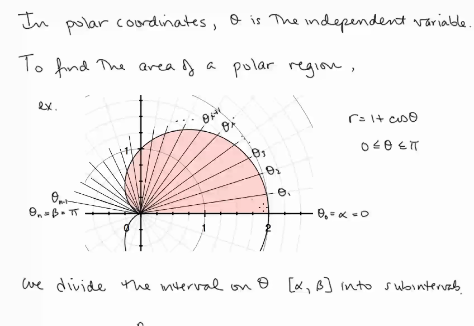And we're going to approximate the area over each subinterval using circular sectors. So we need to figure out how to find the area of a circular sector of radius r and angle theta, or delta theta as it will be in this case.